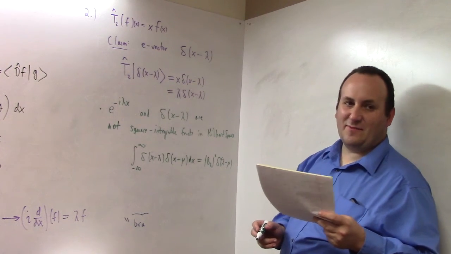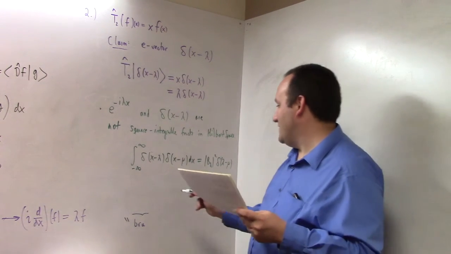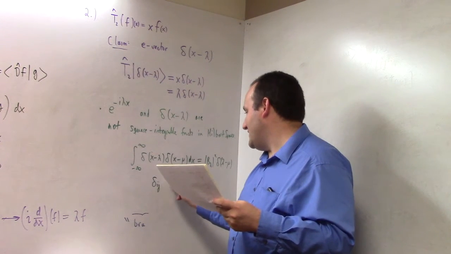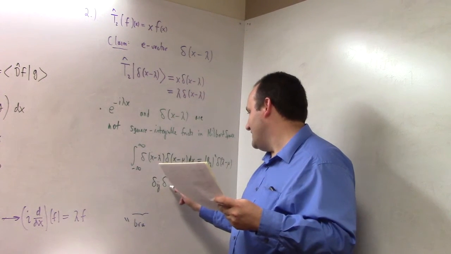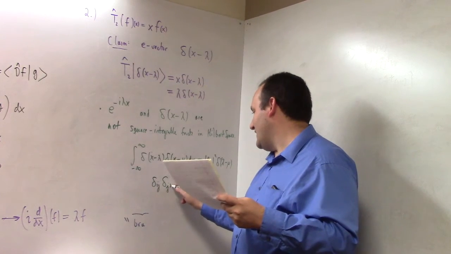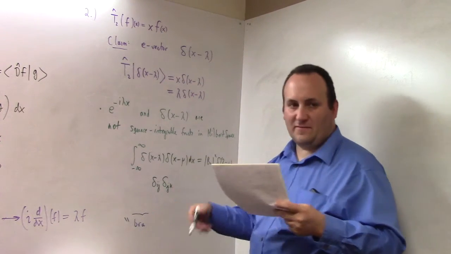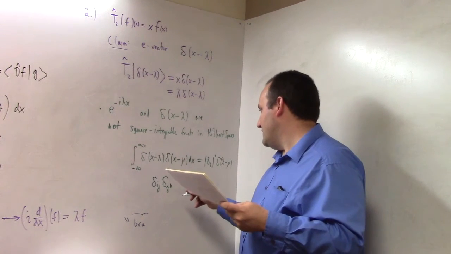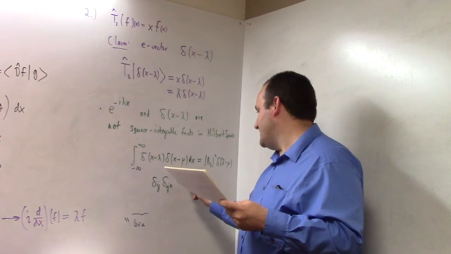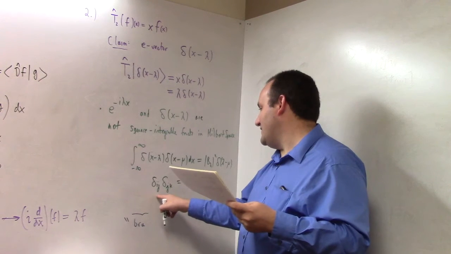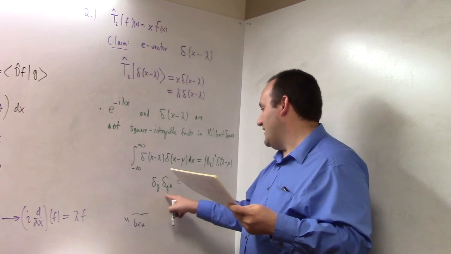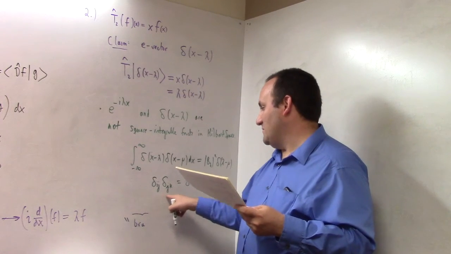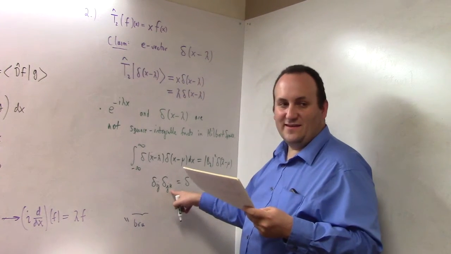If I am allowed an analogy with the discrete case, with the finite case, if I've got Kronecker delta ij and then Kronecker delta jk, and j and k are fixed, not summed over, then this is nonzero only when i equals j equals k equals 1.